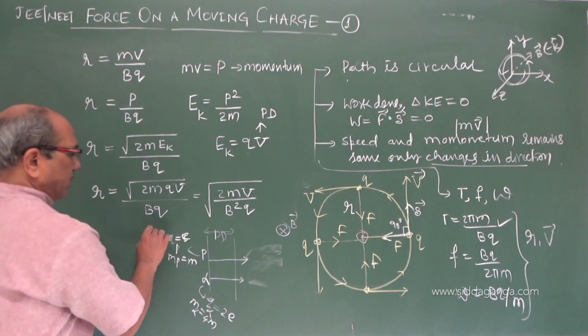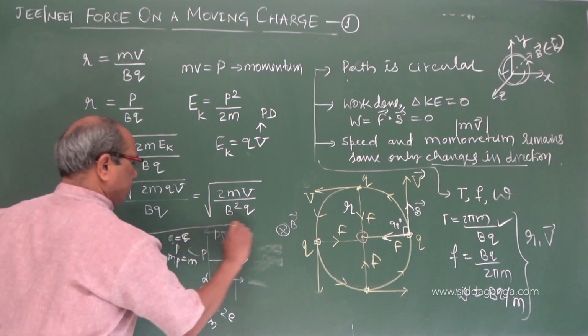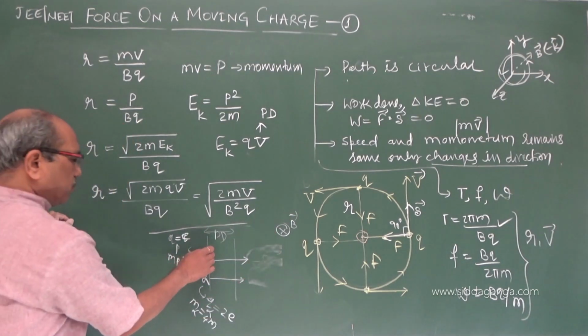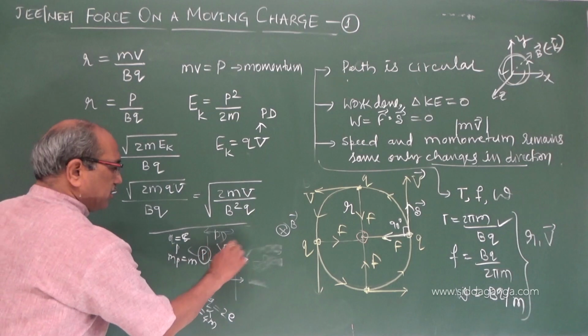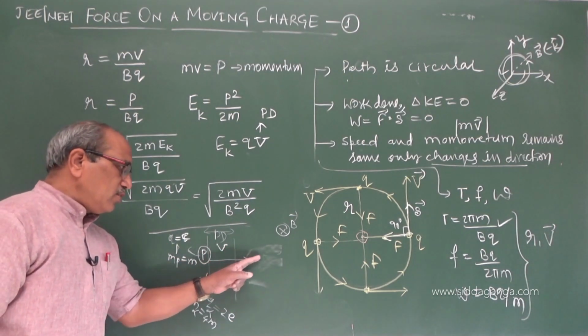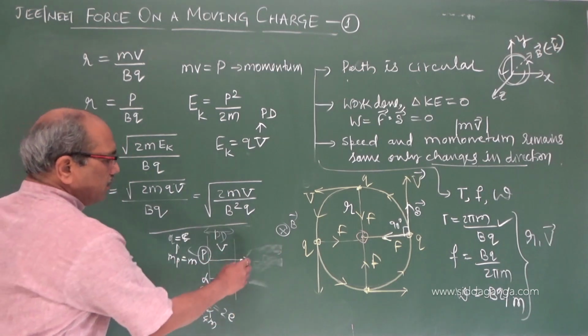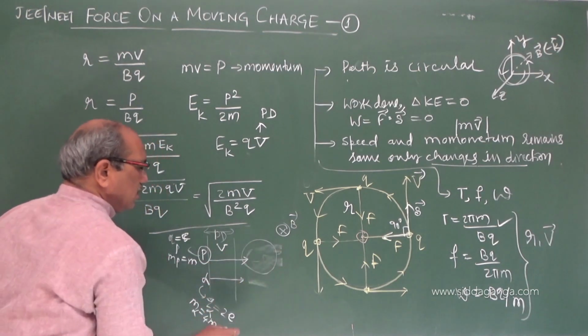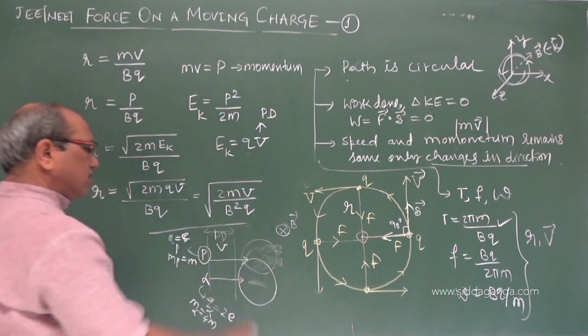I am quoting one example: a proton accelerated through potential difference V and then made to enter the magnetic field. This also describes a circle, and the alpha also describes a circle.